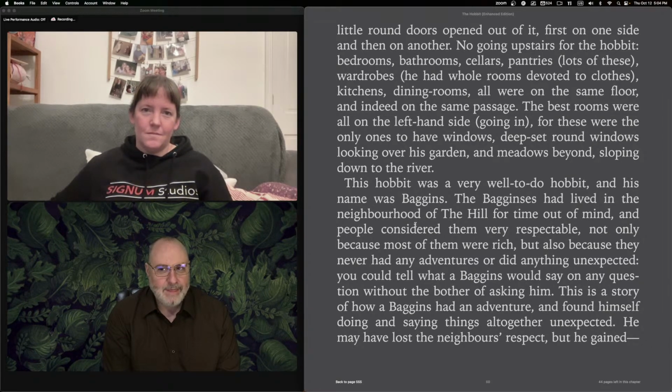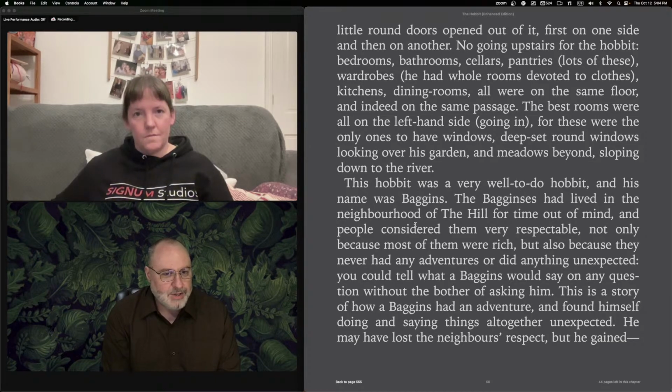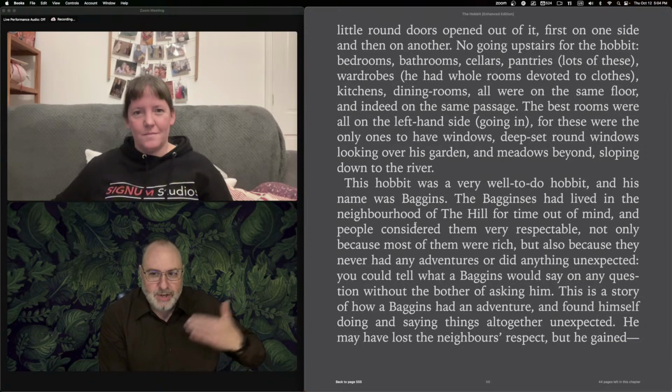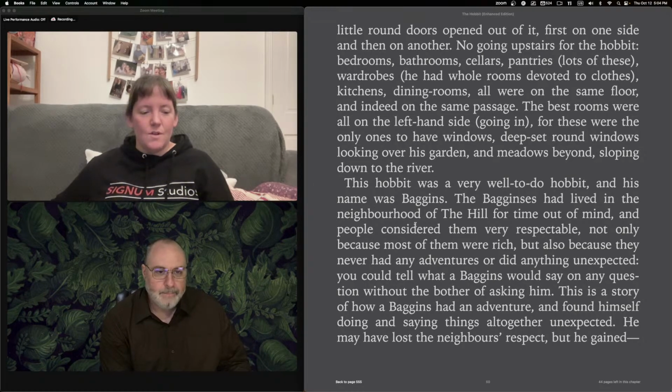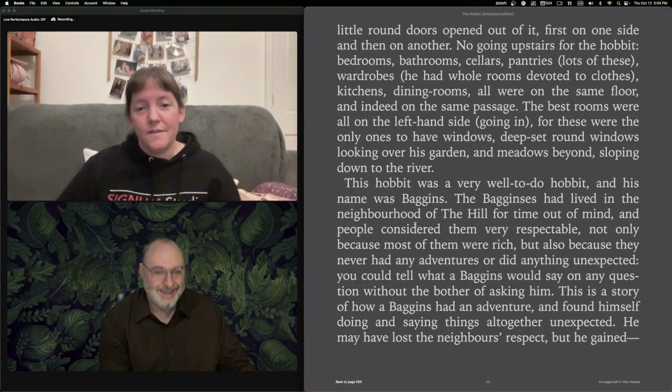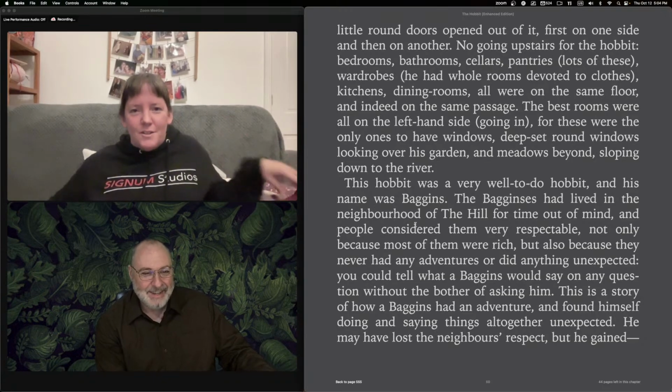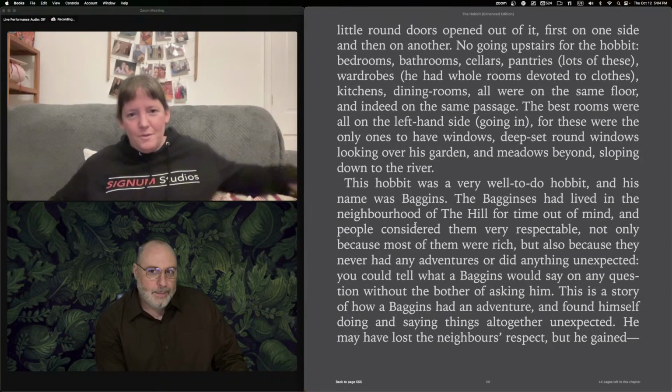And we already got hints of this with all of those clarifications, right? Not a nasty, dirty, wet hole. He hasn't addressed us directly, but you can see he's addressing our thoughts, our expectations, right? And even names it. This is a story of how a Baggins had an adventure. Like, gather round, ye folk. It feels very much like a call to adventure, a call to a story.